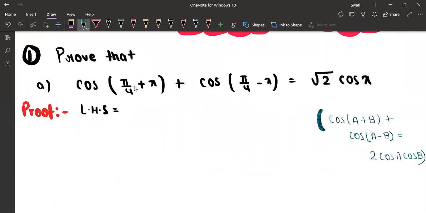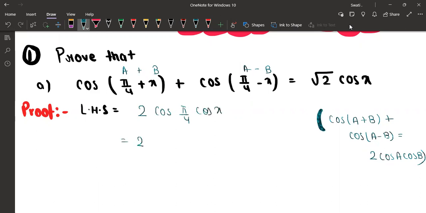So using this formula, you can see that this is our A and this is B, and the same thing again, it's just A plus B here and A minus B here. So it will become 2 cos A cos B, right? So we can write twice of cos A. A is pi by 4, so cos pi by 4, and then cos B, B is x, so cos x.